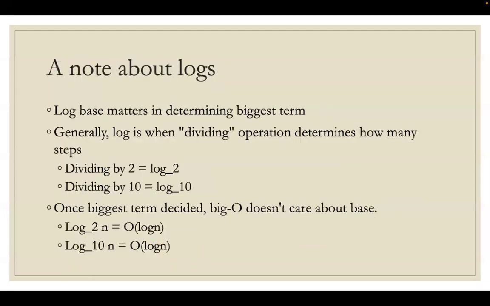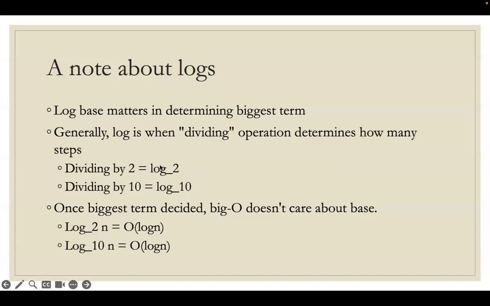Which, oh, I had that slide. So you use a log when you're dividing. The dividing operation determines how many steps your algorithm is going to take. So if you are dividing the size of the input each time, you're going to get a logarithm for big O.